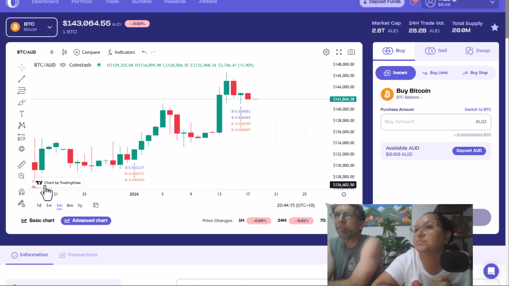Okay. Now, depending on how much detail you want to go into, for example, in this embedded TradingView you can see 1 day, 1 week, 1 month, 6 months, 1 year. But on smaller time frames, you might not be able to see as much.